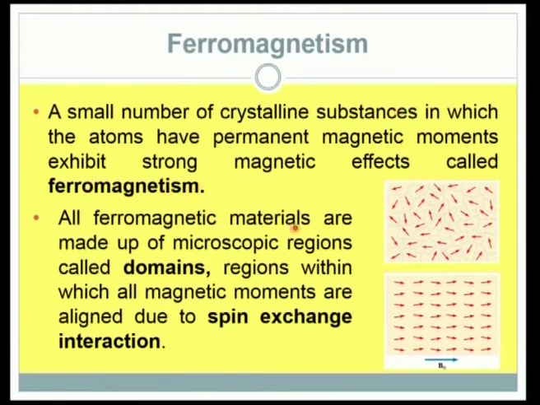All ferromagnetic materials are made up of microscopic regions called domains, regions within which all magnetic moments are aligned due to spin exchange interaction. Here there is a diagram showing how they are forming the domains. You would like to know more about domains? So we will discuss about the domains and then come back to the illustration.